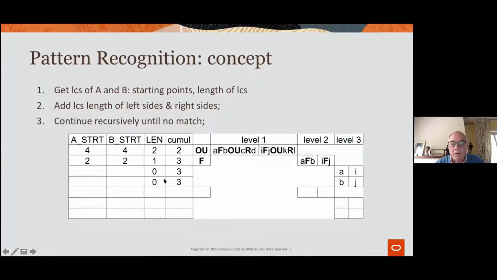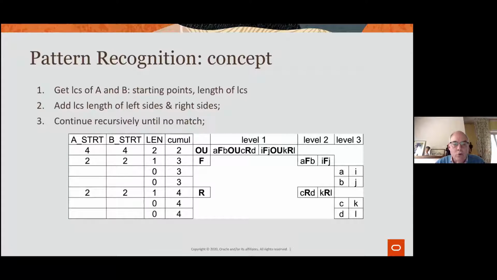So I've finished with all of the left sides, and I have to do the same thing on the right sides, and I have to keep recursing until there are no more matches. And during that time, I have found a total of 4 characters.